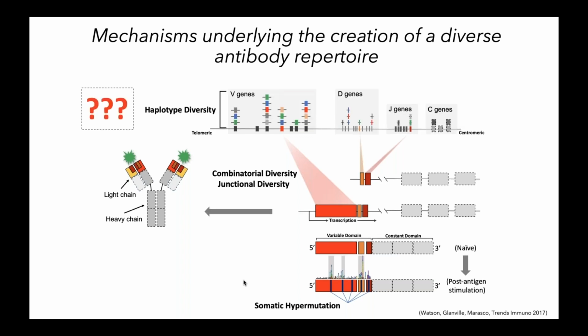But I think it's fair to say that an underexplored area in this model is how genetic variation, or what we often refer to as haplotype diversity, within the antibody gene regions themselves contributes to the story. And this is in fact what my lab is hyper focused on, and what the majority of our work is based around. And so I'm going to talk to you a lot about this today.